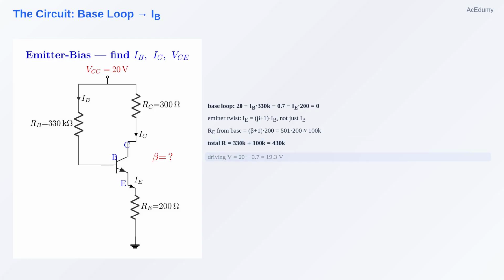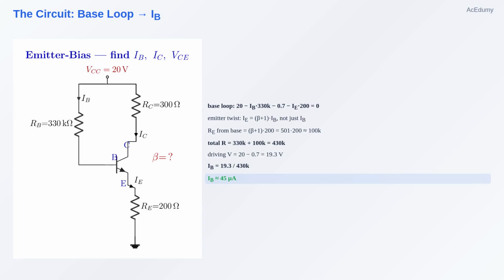Add that to the base resistor, 330K, plus 501 times 200, which is about 100K more. Together, roughly 430K. The driving voltage is 20 minus 0.7, which is 19.3 volts. So the base current is 19.3 volts over 430K, about 45 microamps.